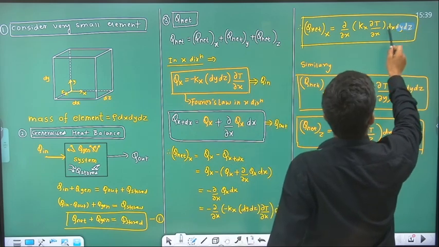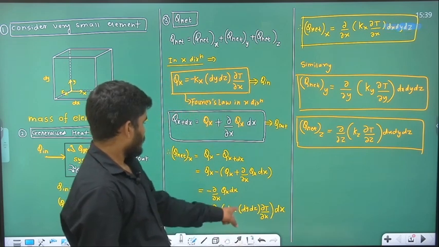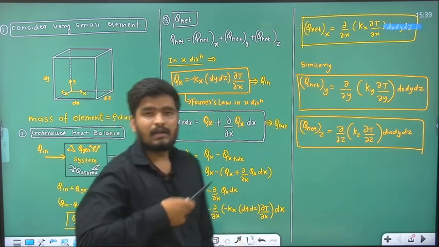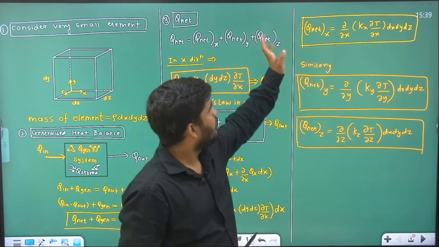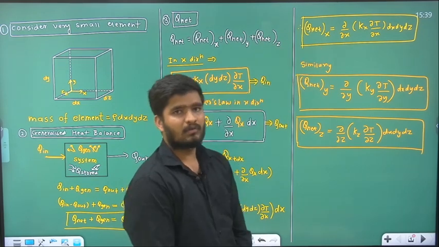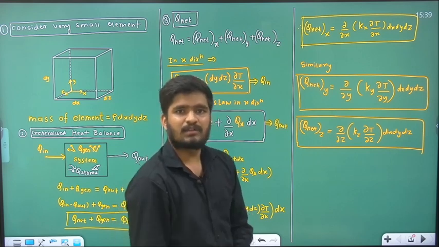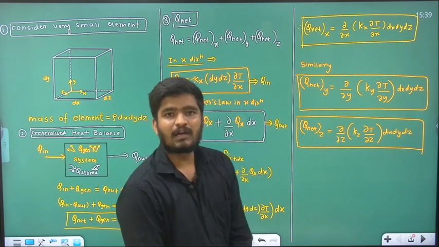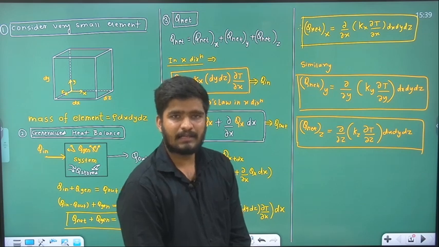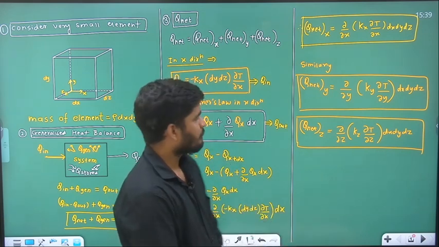So I got a term dx dy dz here, and for the rest of the terms, we can't take kx outside of the ∂/∂x. Why? Because temperature is varying in the x direction, and we have assumed that thermal conductivity is varying in the x direction as of now in a generalized way.